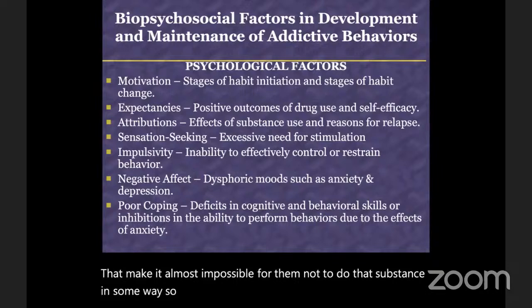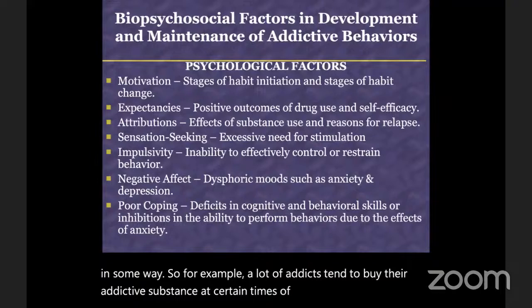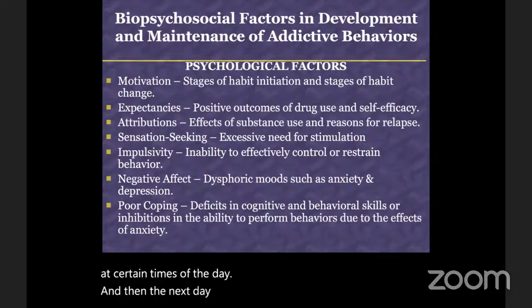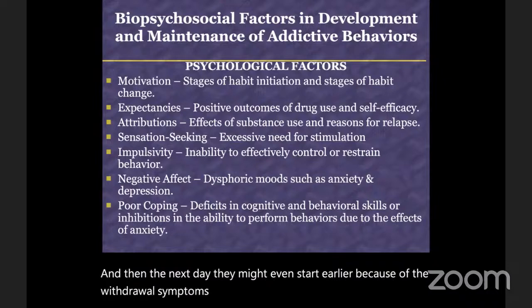So, for example, a lot of addicts tend to buy their addictive substance at certain times of the day. They start drinking at certain times of the day. And then the next day, they might even start earlier because of the withdrawal symptoms. And they get into this habit of doing this.